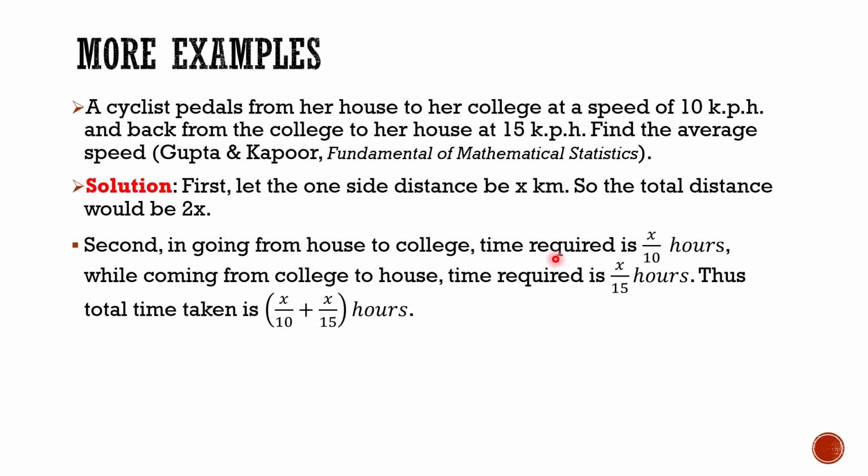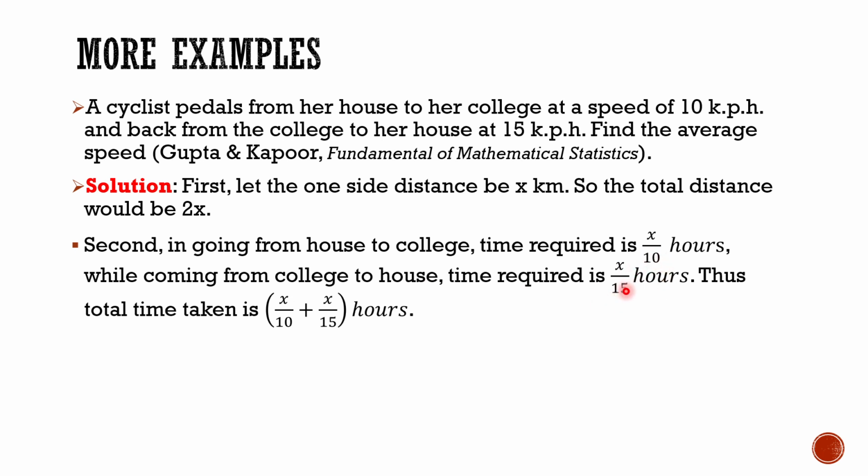So time is actually the distance upon speed. So the distance is x from house to college, and dividing it by 10, it means x by 10 hours. While coming from college to house, the time required is x upon 15 hours, because here the speed has increased from 10 to 15.